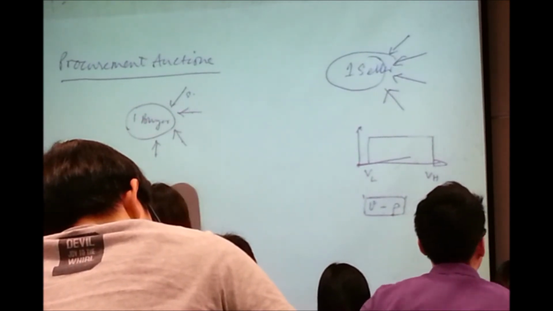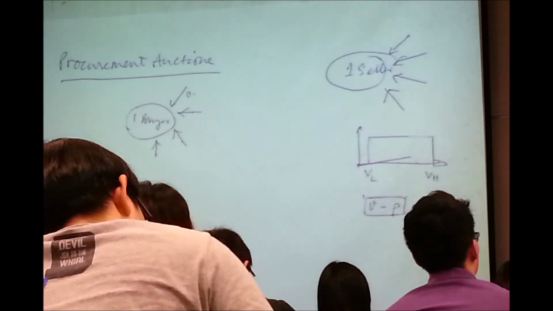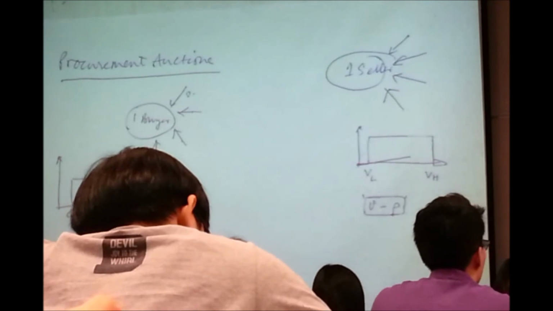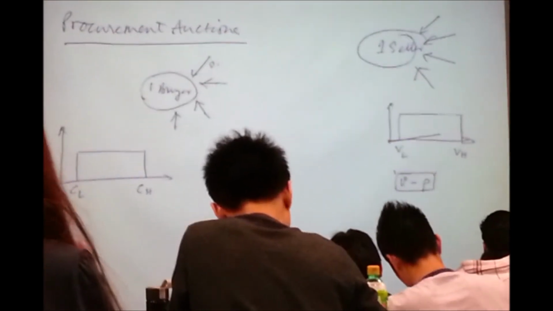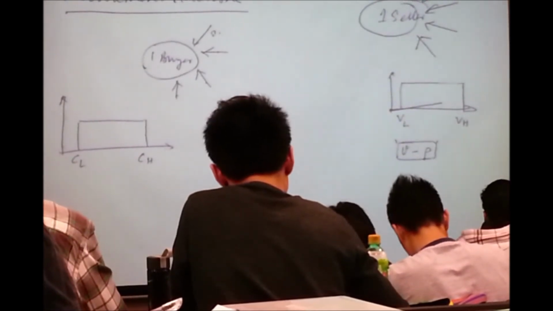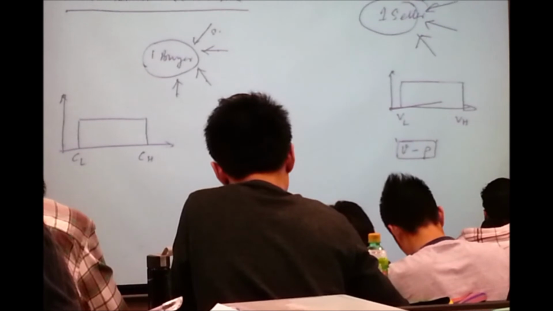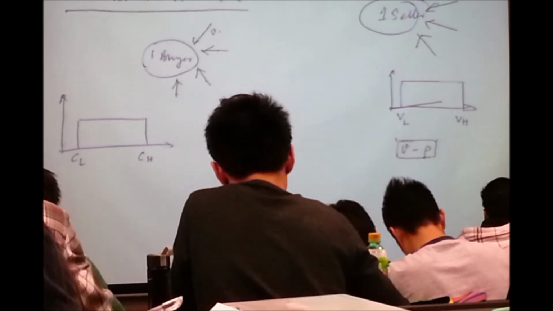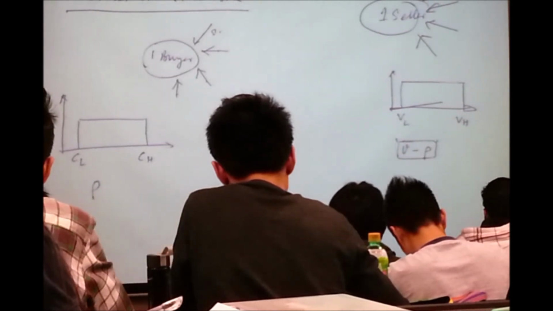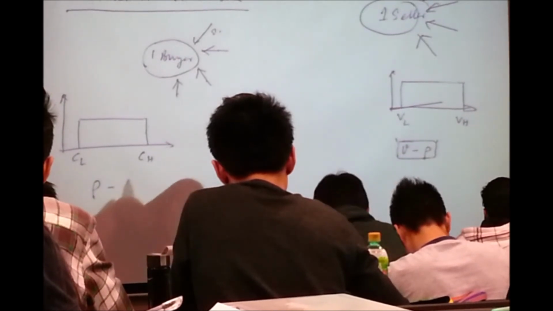So, compared to sale auctions, with procurement auctions I will assume that sellers have costs that are uniformly distributed between CL and CH. And the seller's payoff from winning the auction: if I have quoted you a particular price and SIM says, okay, you can supply me, my payoff from winning the auction is the price I have received minus my cost.